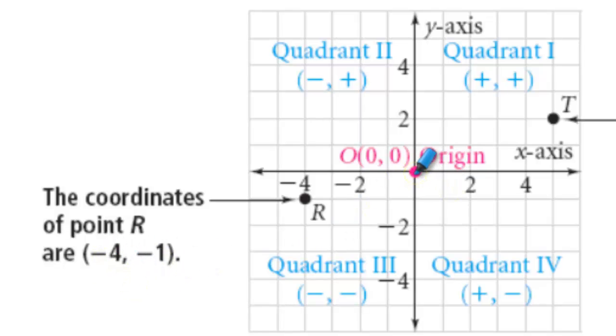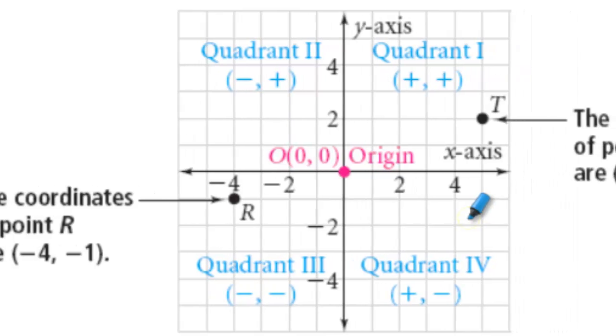So always from the origin we would go 4 to the left, that's what -4 means, and then 1 down, that helps me arrive at point R. So these coordinates are just locations on the coordinate grid of a point.